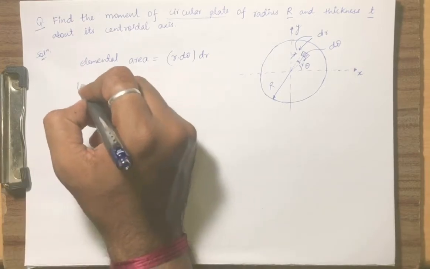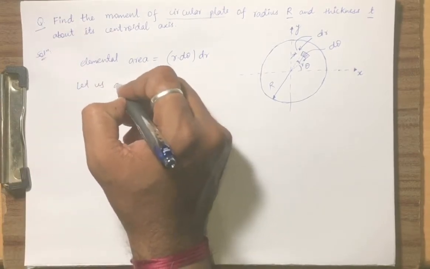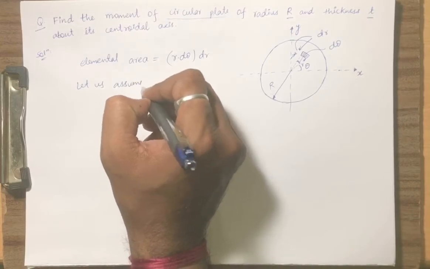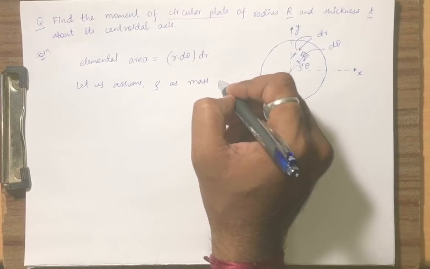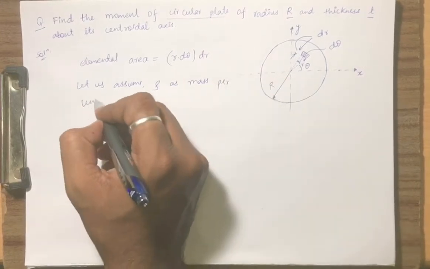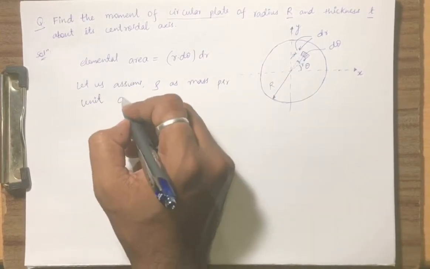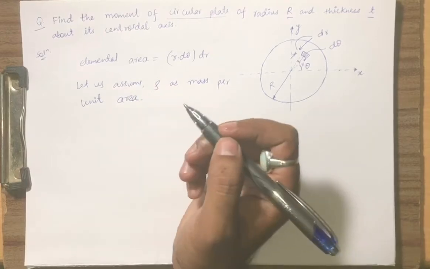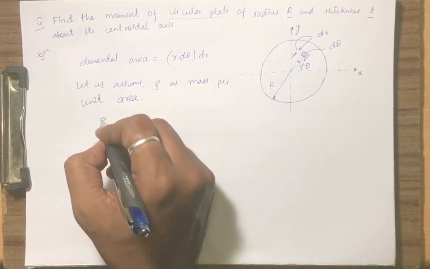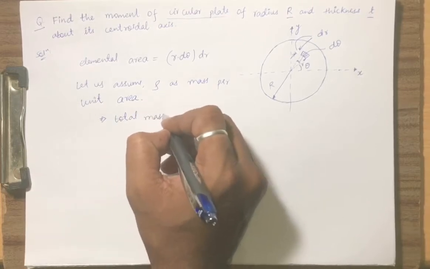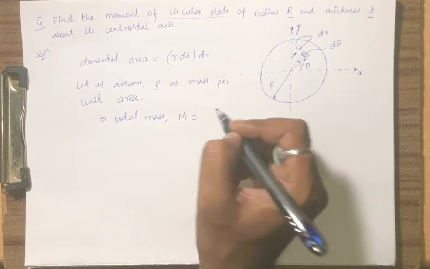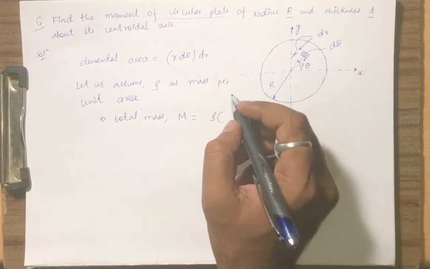Now let us assume rho as mass per unit area. Okay, so this implies total mass capital M will be rho into how much?